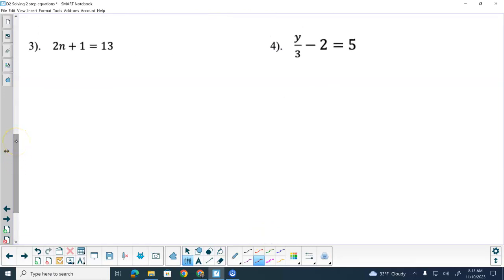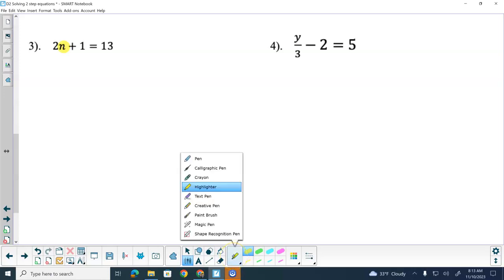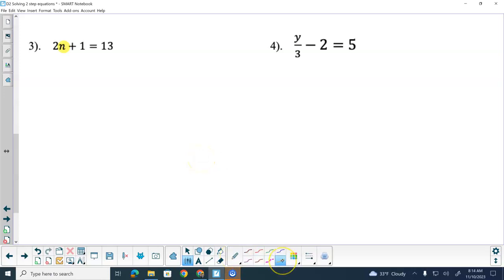Okay? So, the first thing that we got to clear out is anything being added or subtracted. We still want to get it so that we have n equals some number. That's still our goal. But in order to do that now, we first need to clear this +1.